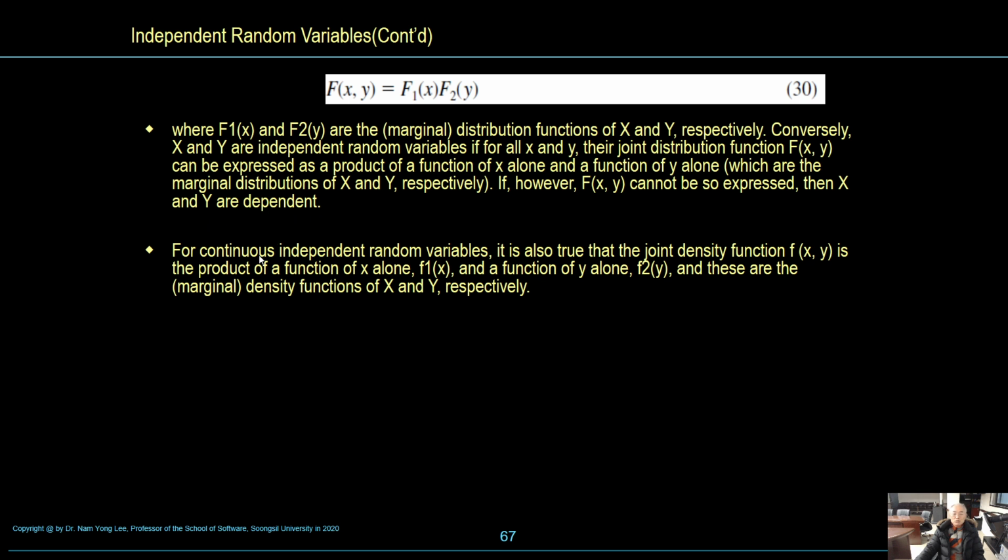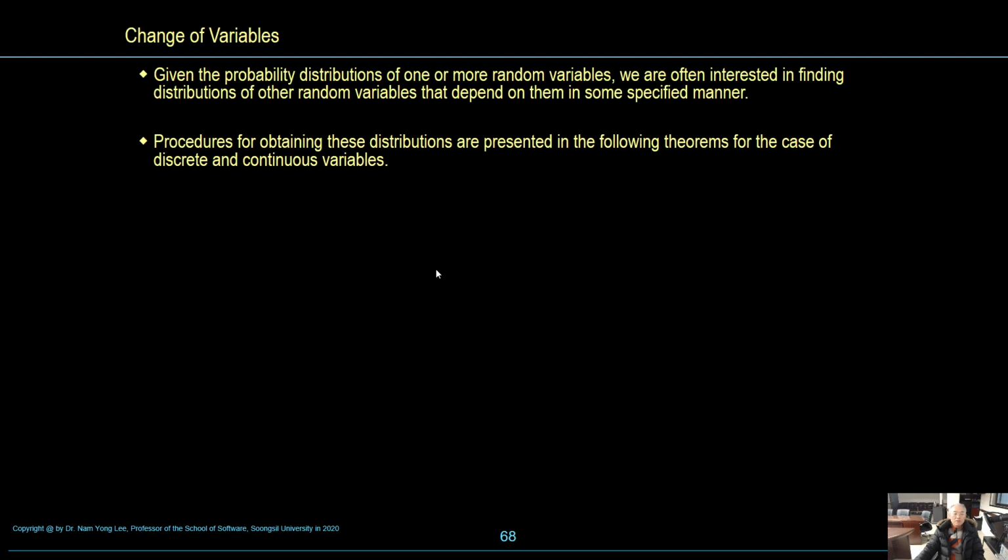For continuous independent random variables, it's also true that the joint density function f(x,y) is the product of a function of x alone and a function of y alone, and these are the marginal density functions of X and Y respectively.